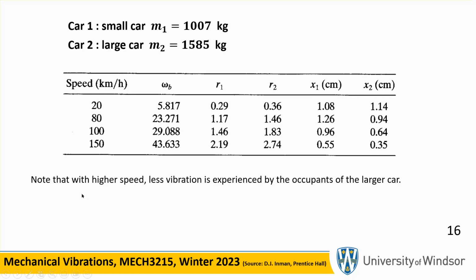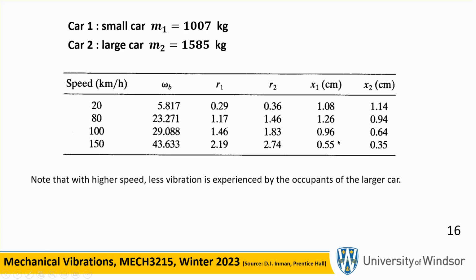Now, first of all, you notice that with higher speeds down this road, the bigger car has less amplitude magnification. Okay, so this is the bigger car, the heavier car. Think about it like that.